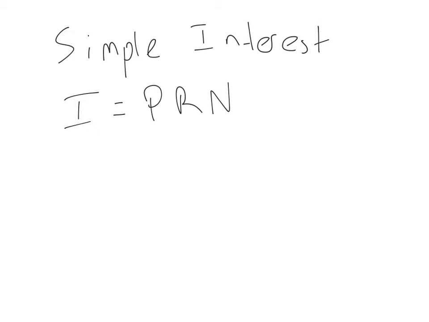Everything has to be the same unit, so if you are talking about years, then your interest rate must be years. If you're talking about months, then your interest rate must be months. The principal is going to stay the same, and the interest is just going to be whatever the interest ends up being. So as long as your two units are the same, then you just multiply the three things together.